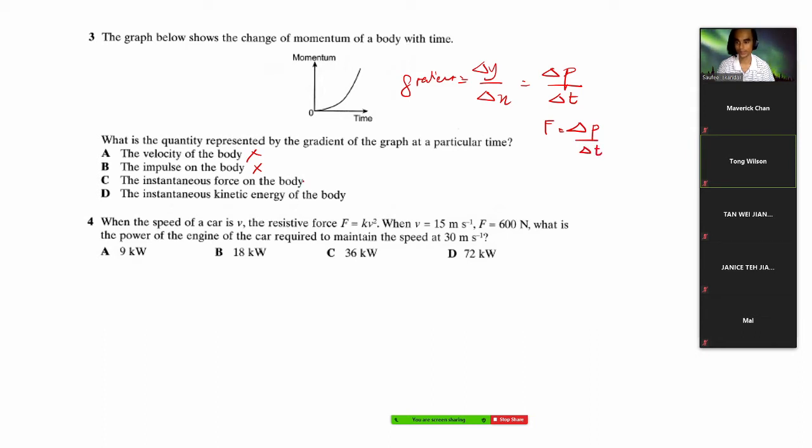So it is not velocity of the body, not impulse of the body, but instantaneous force of the body, because force is change of momentum divided by change of time. Answer number 3 is C.